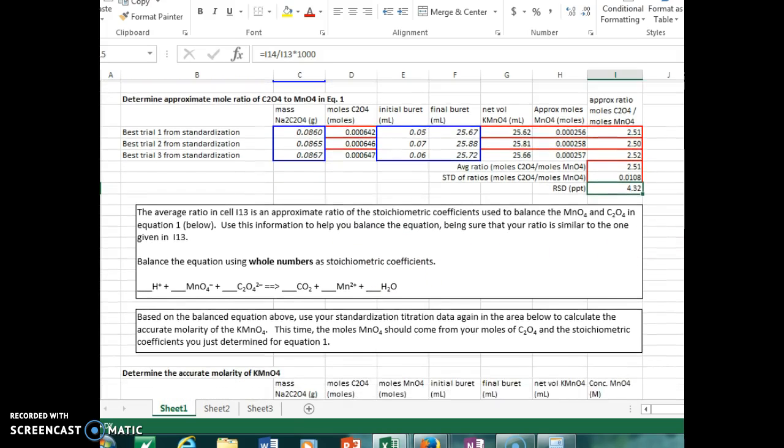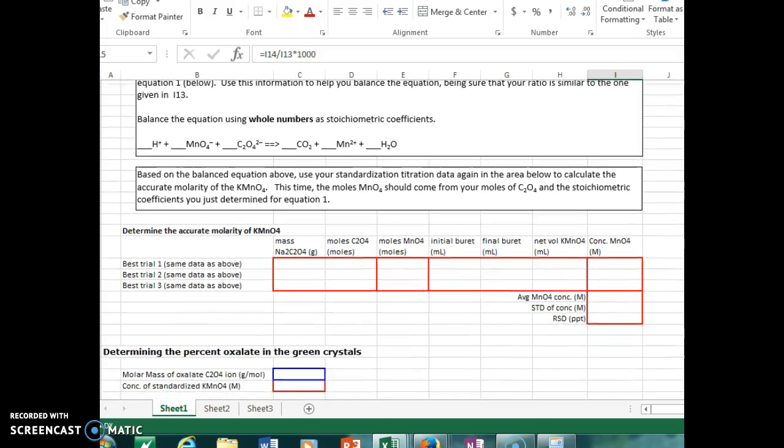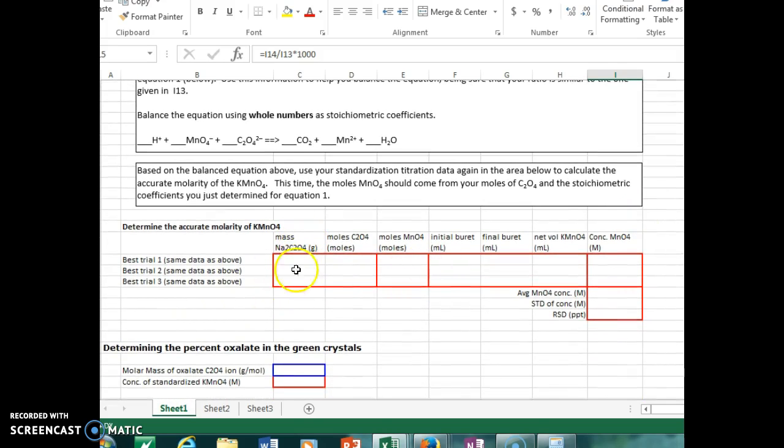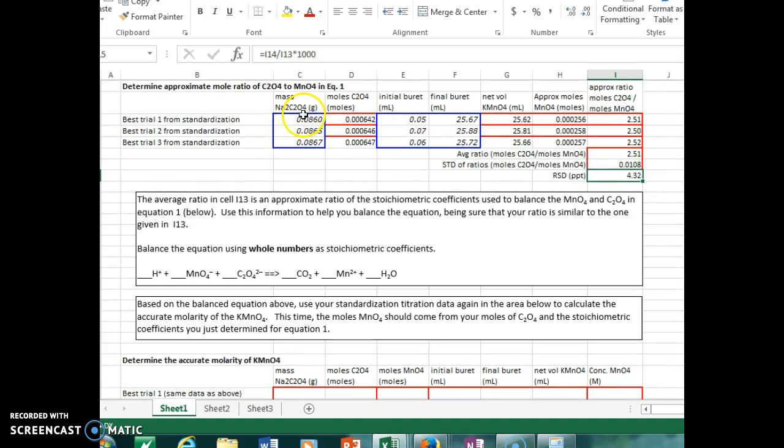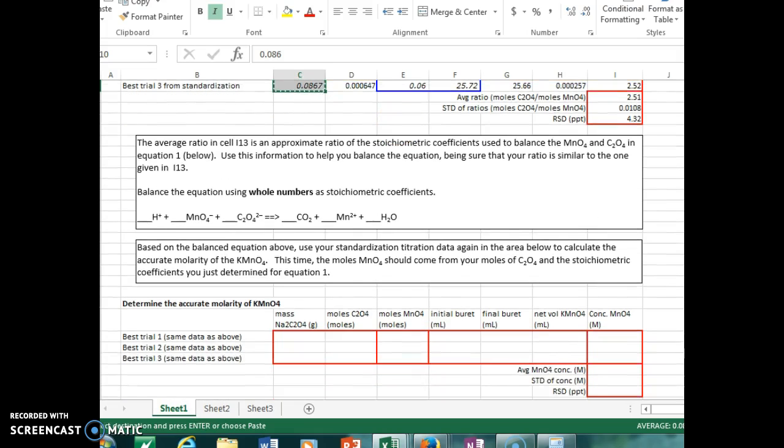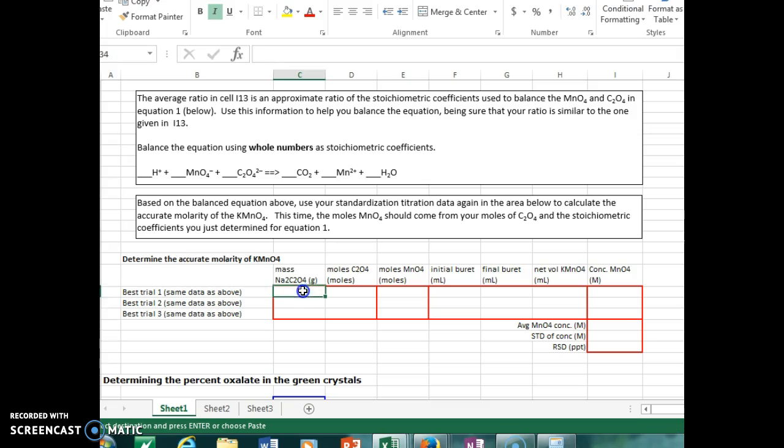Now you also have to go in and put your same masses into these cells that you had up here. So just go right up to cell C10 through 13, copy them, and bring those same masses down here.